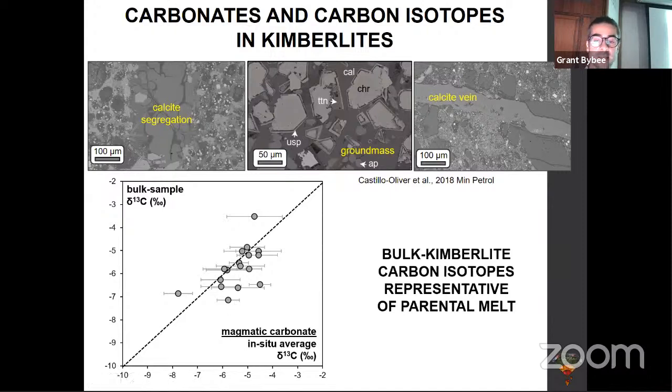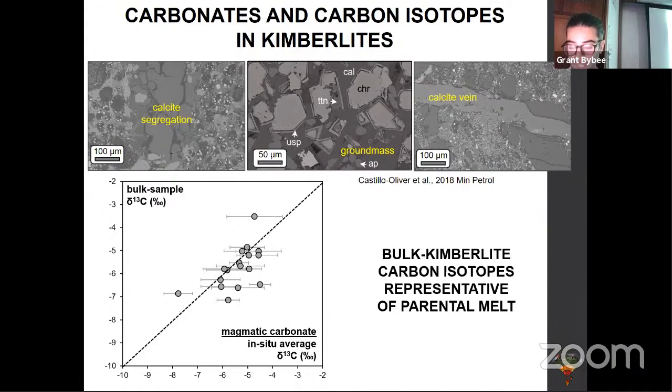In other words, the purpose of this exercise was to test whether we can just use bulk kimberlite carbonates to obtain a carbon isotopic composition that is representative of their parental melt, and therefore avoid the complications of having to do a lot of in situ analysis by secondary ion mass spectrometry. And apparently this works.